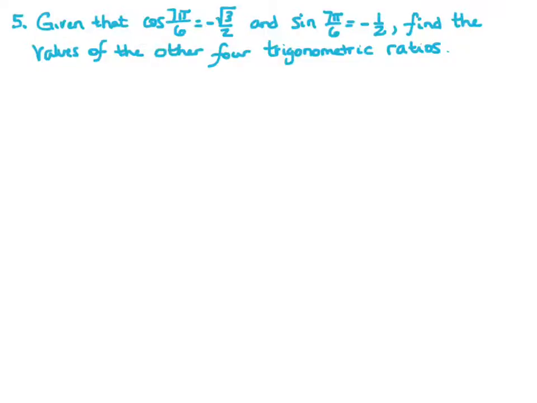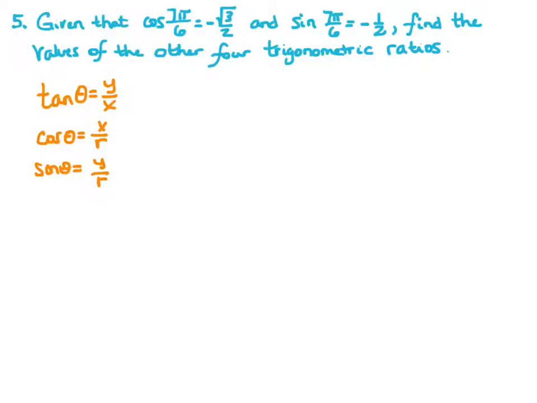So I'm going to start with tangent, and tangent of any angle, just in general, tangent theta is equal to y over x. And we need to remember that cosine theta is equal to x over r, sine theta is equal to y over r.